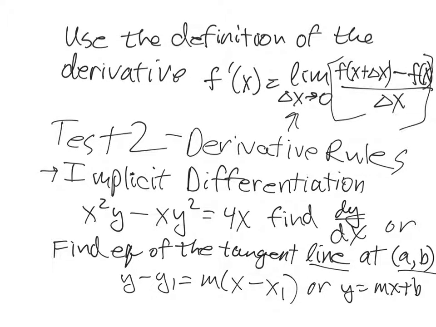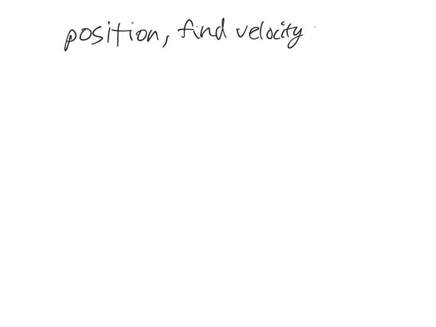Now, the last thing we looked at on test 2 was position, velocity, and acceleration. So you might have, given the position, find velocity and acceleration.